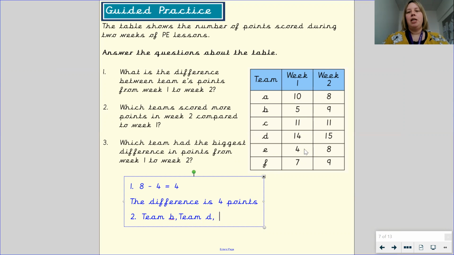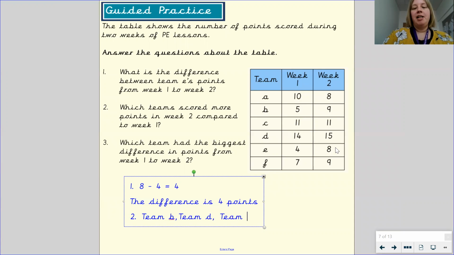In the first week, they scored 4 points. In the second week, they scored 8 points. Which week did they score the most points in? They scored the most points in week 2.